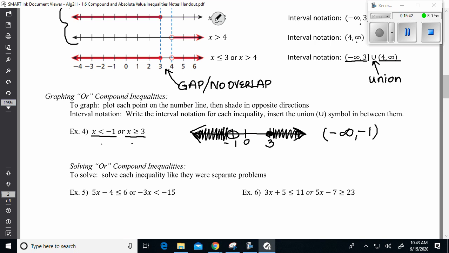X greater than or equal to 3 is 3 to infinity. And then you put the union in between. There's your graph, there's your interval. Questions on example 4?